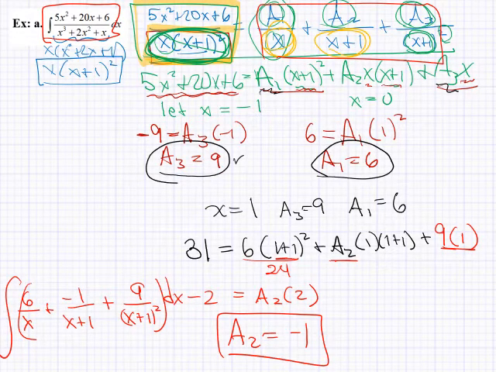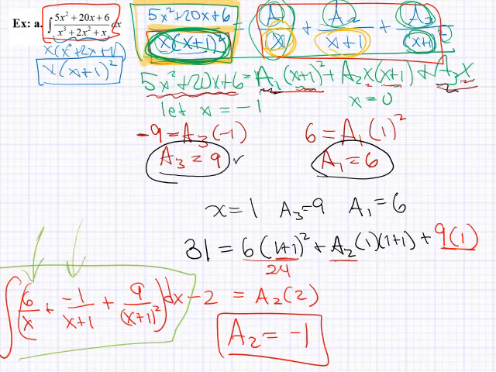And we still have to do that integral, but at least it's easier to do. This can be done with a logarithm, this can be done with a logarithm, and this will end up being a power rule integral. So now let's do that.